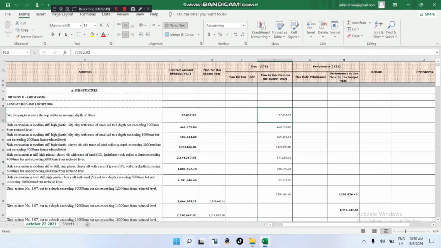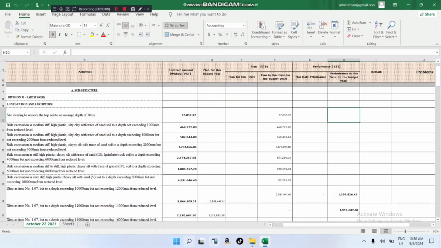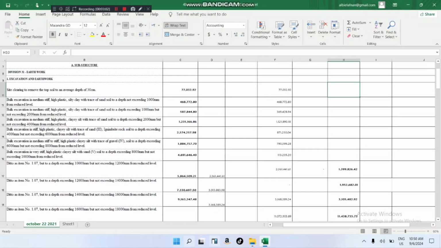And then what you performed: you planned in this year to spend about a certain amount, and then what you perform in this year, what you execute daily, you add the amount here, what you executed per day.